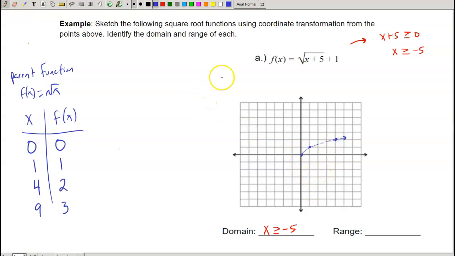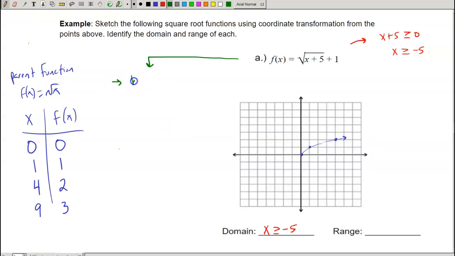But this one's different. So if we look to this new function, this has two translations. The h and the k value are different. So if we state what these transformations are, I'm going to list them off.